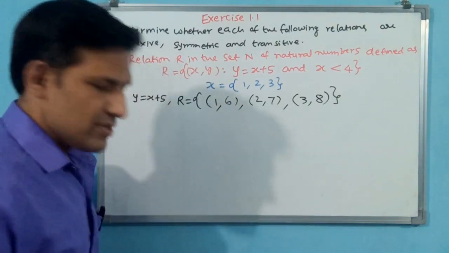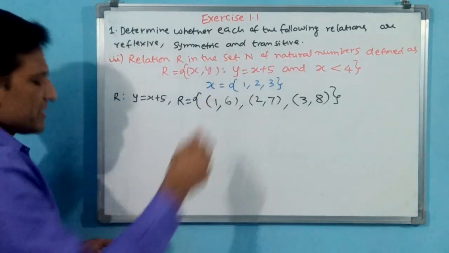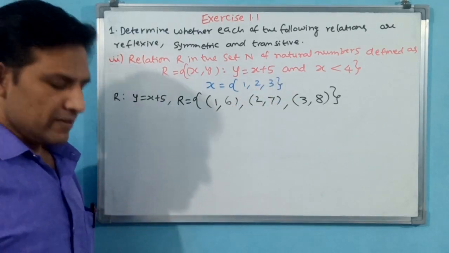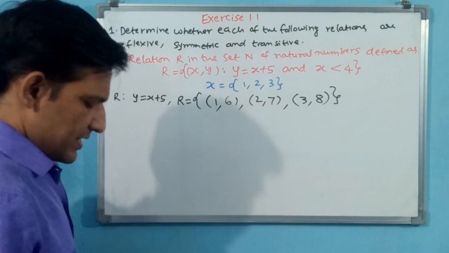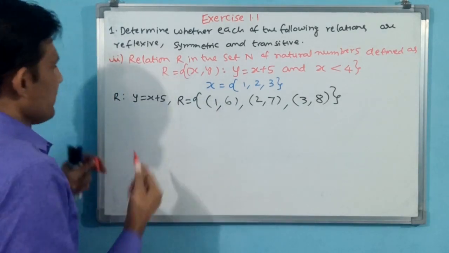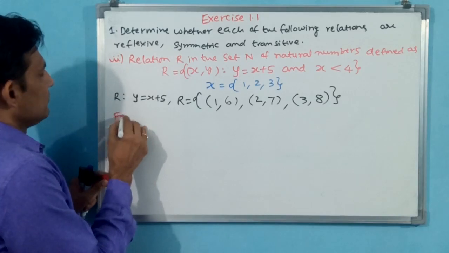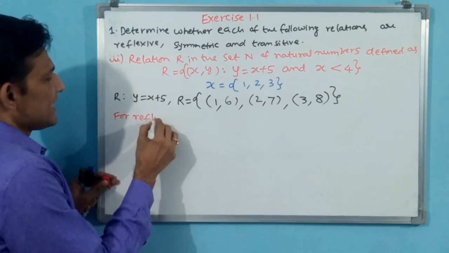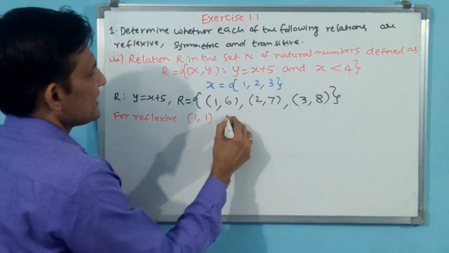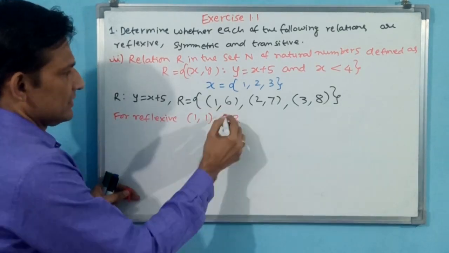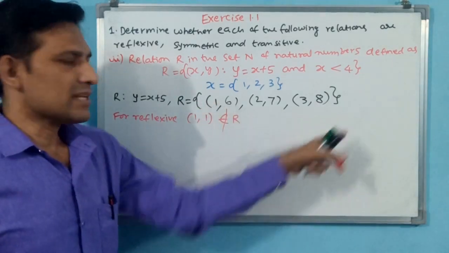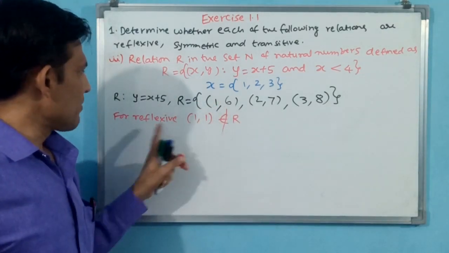Now let us check these for reflexive, symmetric and transitive. Okay. Now we write directly. We know what is reflexive, what is symmetric, what is transitive and all. Okay. How I am writing, you see. For reflexive, like this I will write. For reflexive, 1, 1 does not belong to R. You see, 1, 1 is not there. 1, 1 should be there, for all a.